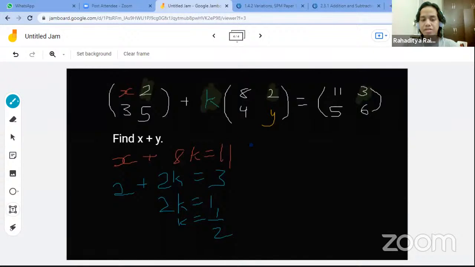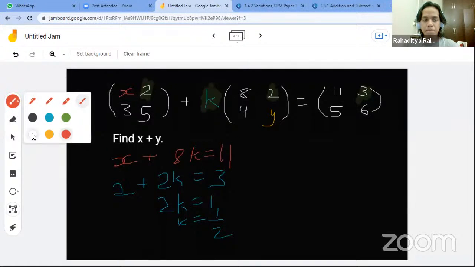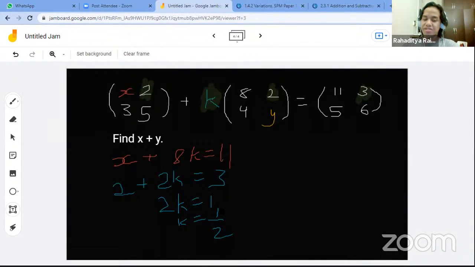From there, since you know k is equal to 1 over 2, what should you do next? What can you do next with knowing that k is equal to 1 over 2? Class?